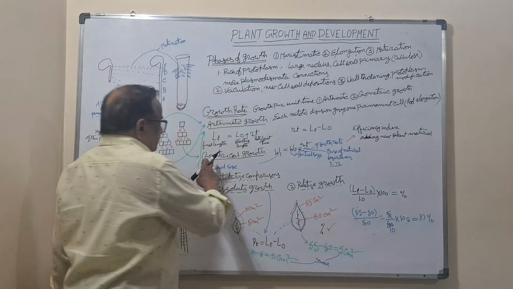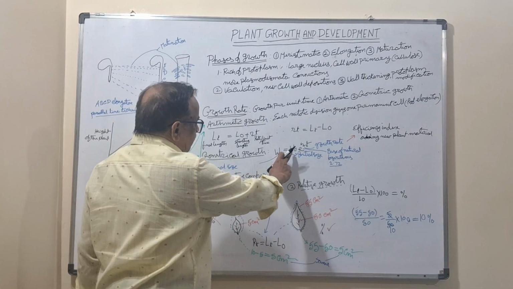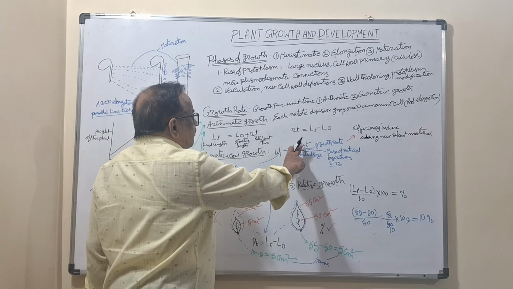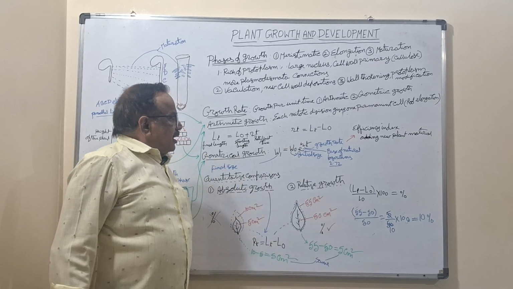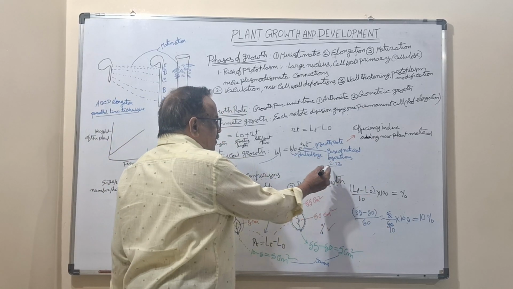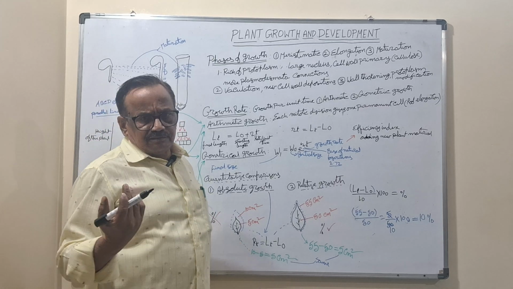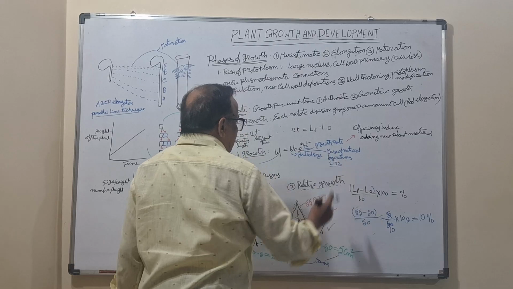So here W1, the final size, is equal to W0, the initial size, multiplied by e to the power of rt. What is e? The base of natural logarithms. All of you know it from mathematics. That is 2.7, always a standard figure like the pi value. So here, the base of natural logarithm.